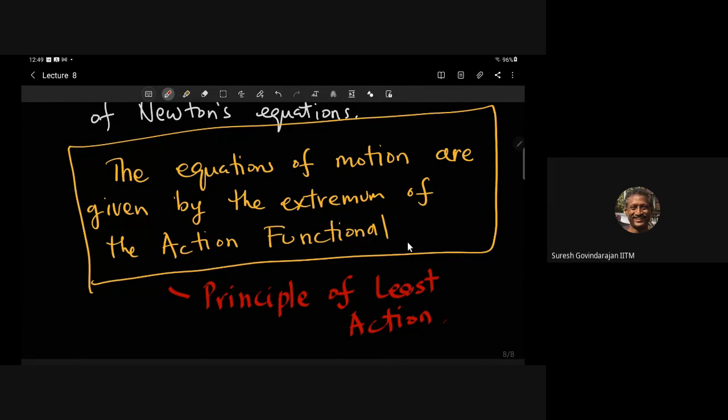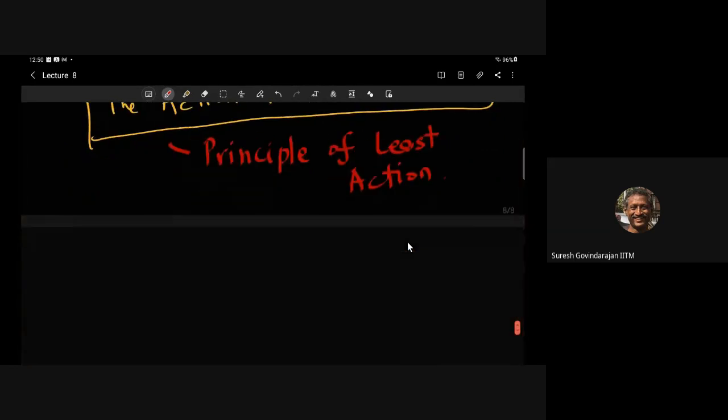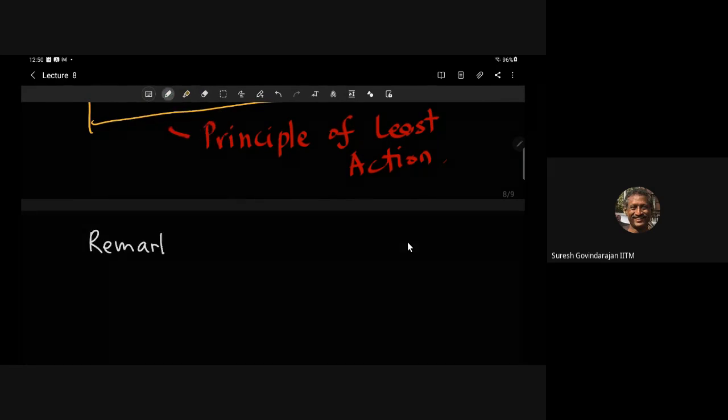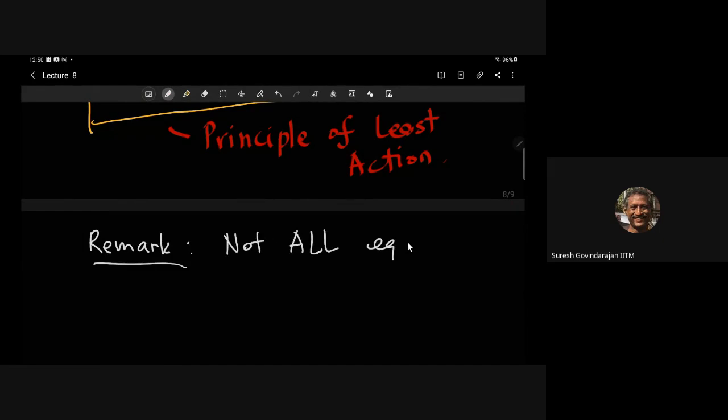Okay, so one caution is, can we write a functional when we don't have conservative forces? And the answer is no. Obviously, so we'll make this remark. Equations arise this way.